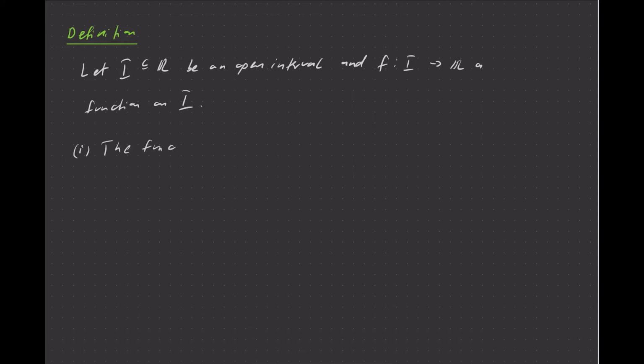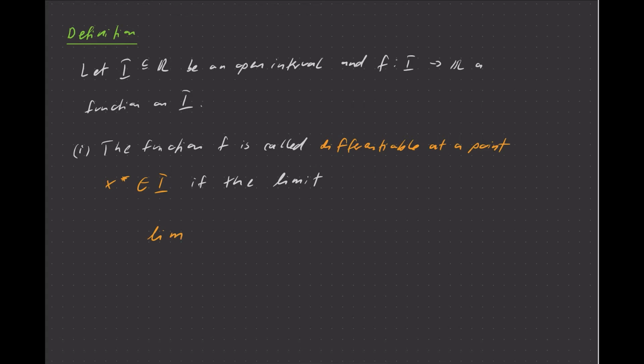So the function f is called differentiable at a point x star in the interval I if the following limit exists, and that is, I already said, what we do is we choose some point x and we move it closer and closer towards x star.